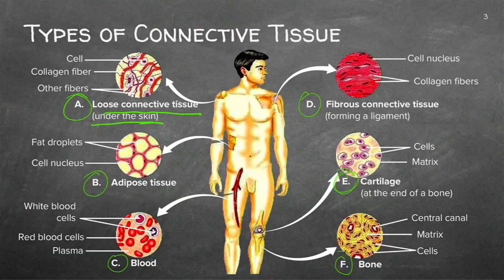That is under the skin. So it's literally just under the skin, the skin being the epithelial layer. And it's made up of cells and it has collagen fiber and other fibers. We're doing that in more detail towards grade 11, but you need the basic detail now and I'll explain that to you. That is your loose connective.